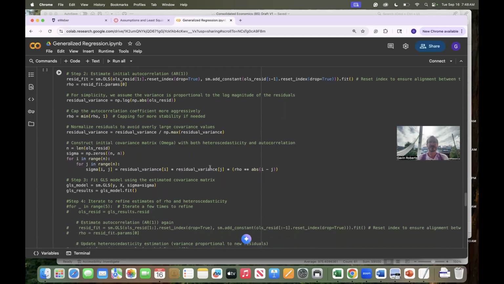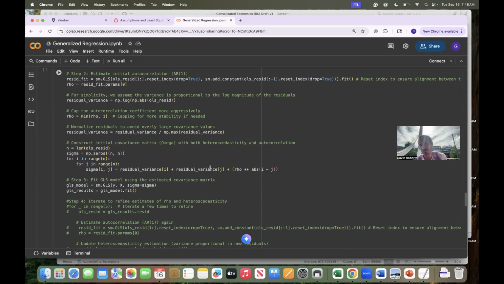However, if I don't stop there, I take my OLS coefficients and then I say, okay, now I have some variances. This is like my first estimate of the variance covariance matrix. So this is kind of like my first estimate of omega. We saw above that in the generalized least squares model, we can weight with those new things in our omega matrix.